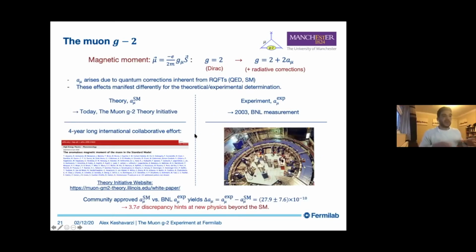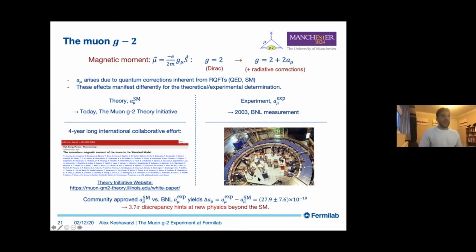So the status that we're at right now, in terms of the best predictions and the best measurements out there, is that the Muon g-2 Theory Initiative has spent the last 4 years putting together a big collaborative effort to try and pin down this theoretical number, and has done it exceptionally well. And the last experiment was the Brookhaven National Lab experiment in 2003, which measured the muon g-2, which is what Fermilab is now trying to do better than.